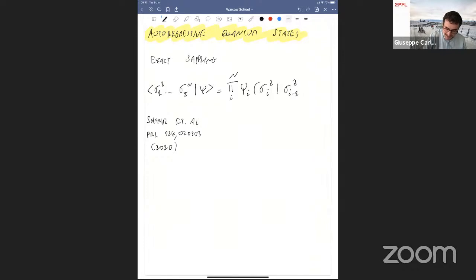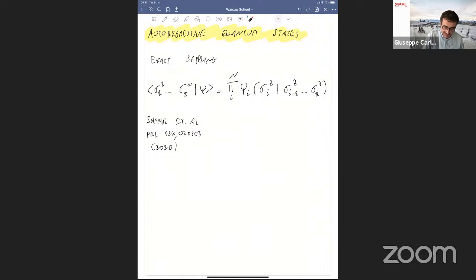Where this small psi I that I wrote here essentially has the form of the complex equivalent of a conditional probability. You've seen in the talk that Juan gave that you can always factorize a probability into a product of conditional probabilities, where this psi would be, in that case, probabilities. However, we generalize this construction to wave functions, and you can factorize the wave function into a product of conditional, so to speak, wave functions.